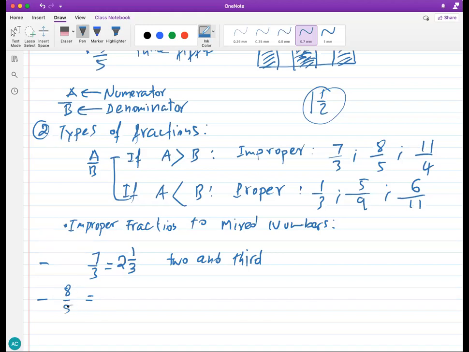What is the whole part? 5 into 8 is 1. That's right, 5 goes into 8 once. Same denominator, 5. The remainder, or what's left, is what goes here. So 1 and 3/5.